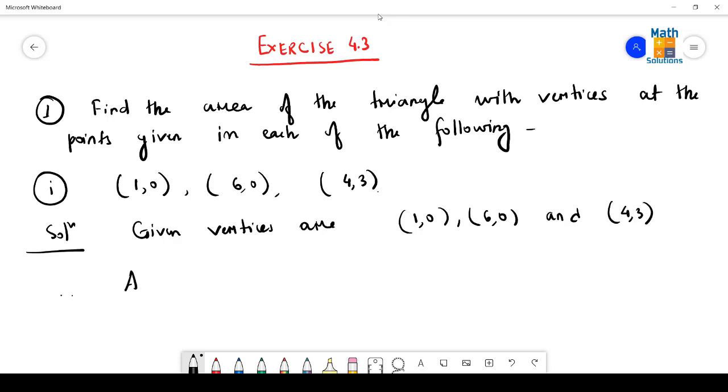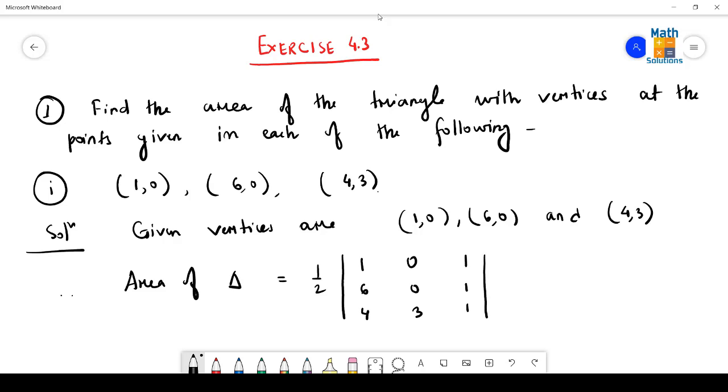Therefore area of the triangle is equal to half times the determinant, where all the x coordinates we write along the first column: 1, 6, 4. All the y coordinates we write like this: 0, 0, 3, then the third column 1, 1, 1.